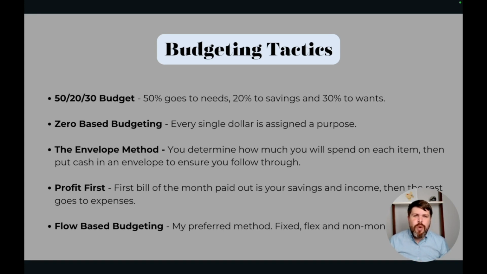Zero-based budgeting is where we assign every single dollar a purpose. This, in my opinion, should be the goal of every budgeting technique. So one thing I don't particularly love about zero-based budgeting is that it is essentially doing what all budgeting techniques should do. The other thing that holds me back is that every dollar has a purpose, so we have to know every single line item, from the way we're spending at restaurants to shopping to parking and tolls.